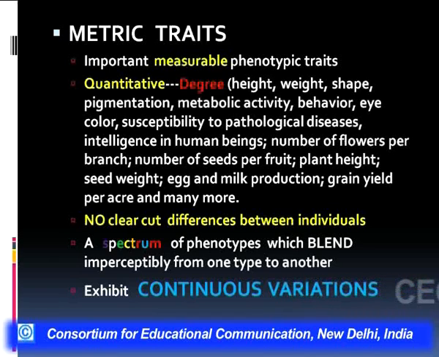So, that means here we are not talking about red and white, we are not talking about tall and short, we are talking about quantitative parameters, which means important, measurable, not just qualitative, measurable phenotypic traits, which means height, how high, weight, how much, shape, pigmentation, and metabolic activity, behavior, eye color, and also a very interesting aspect in medicine, susceptibility to pathological diseases.